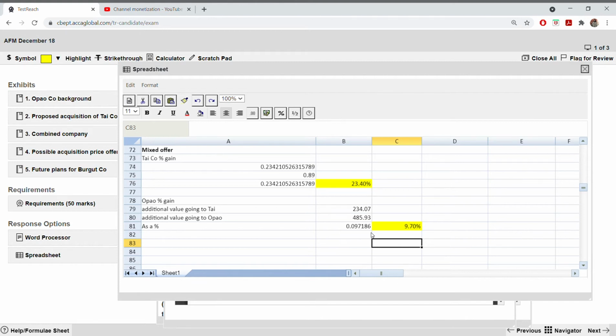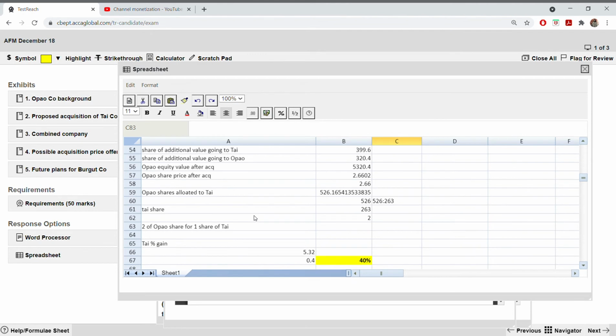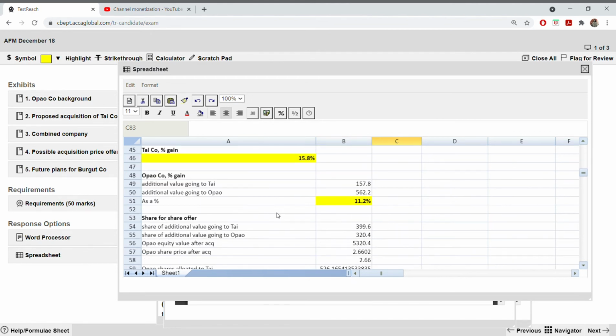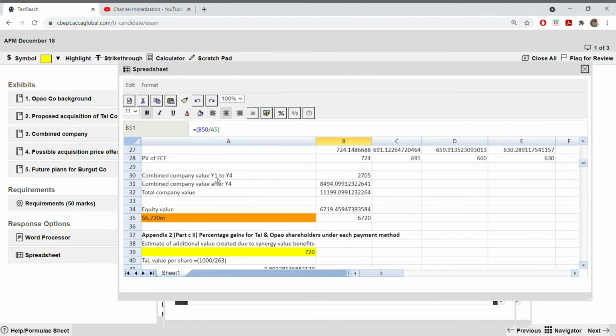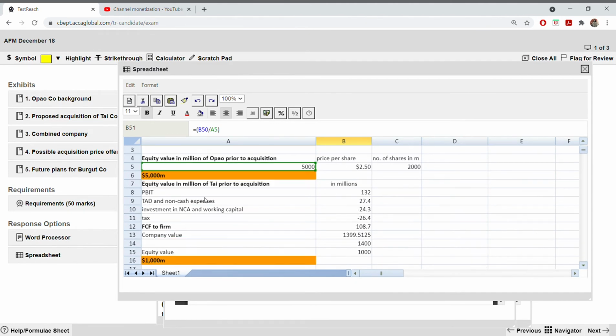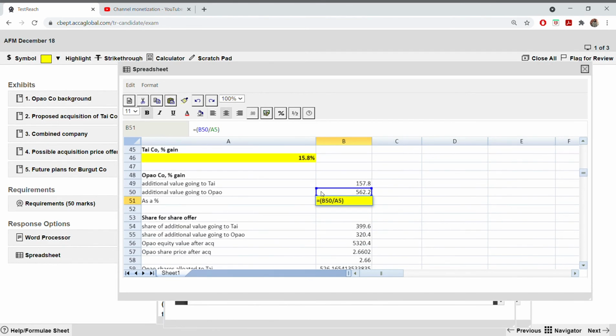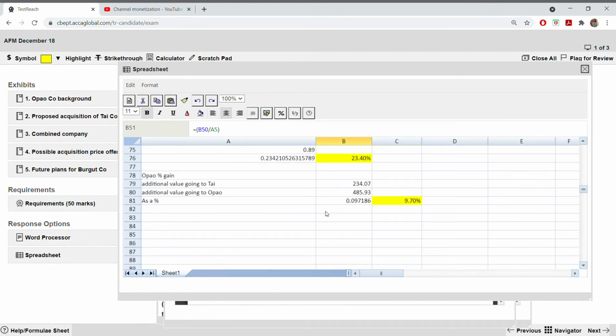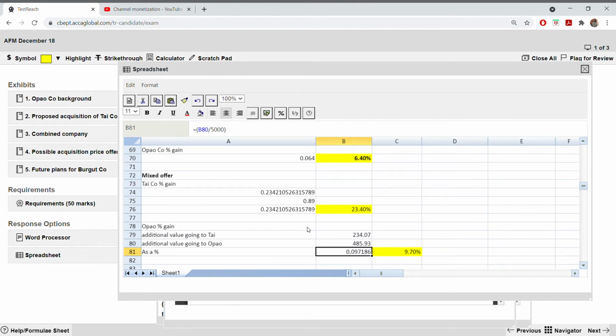Okay, so if you see the cash offer and the mix offer, just see the cash offer for Oppo. Sorry, this 11.2 is divided by 5,000. Okay, A5 is the 5,000. Even in the mix offer, it has been divided like that, the same way it has been done. This one is divided by 5,000 only, as a percentage if you want to get.